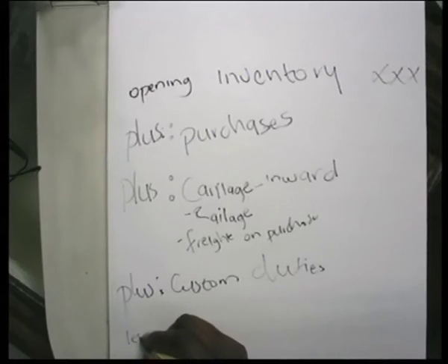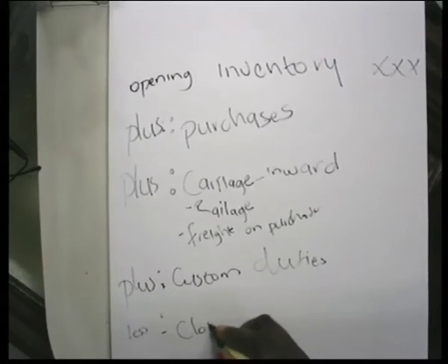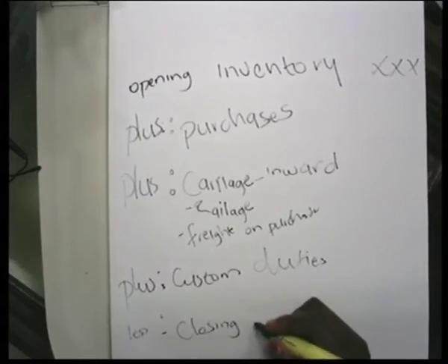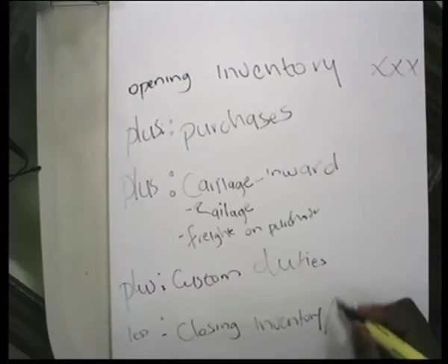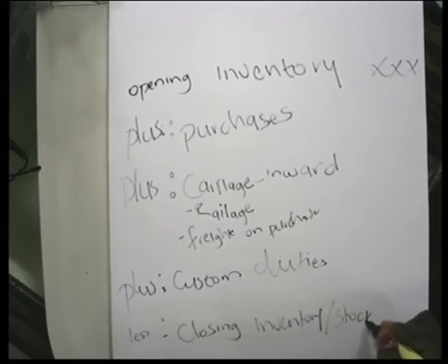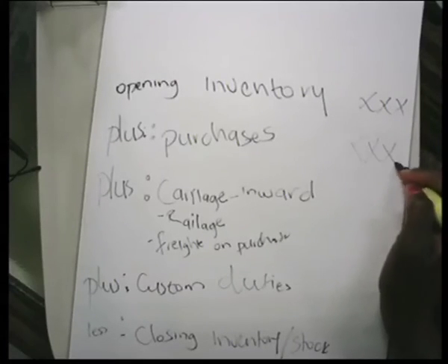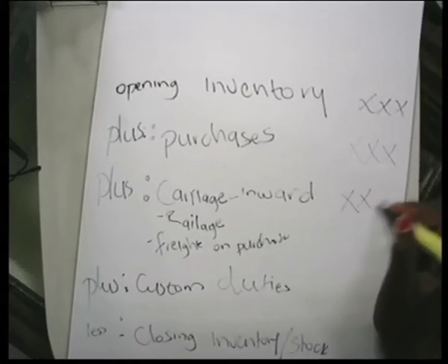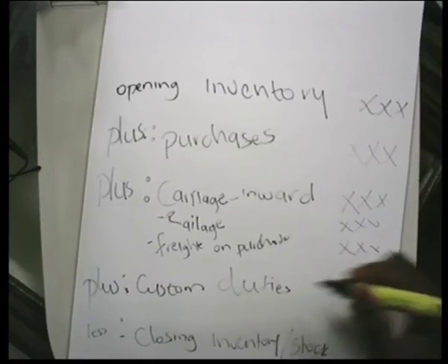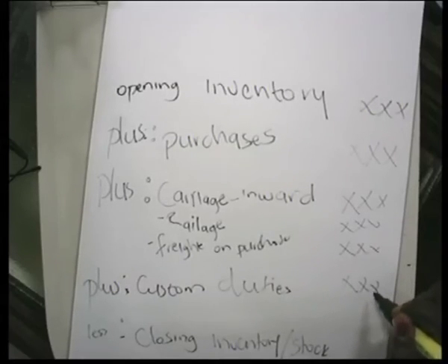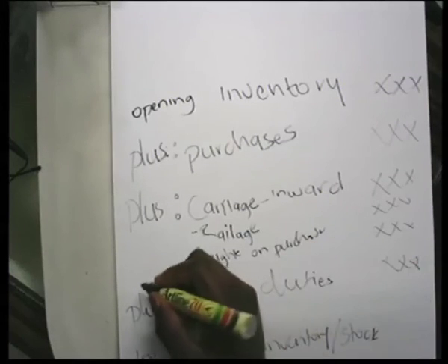Then you less closing inventory or closing stock. So if you have your opening inventory, then you add your purchases, then you add your carriage inward or railage or freight on purchases, then plus custom duties, plus import tariffs if you do have import tariffs.